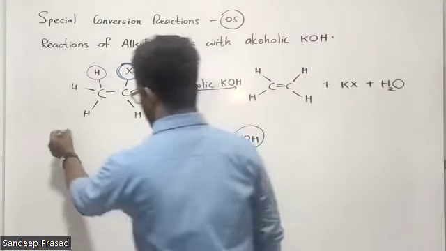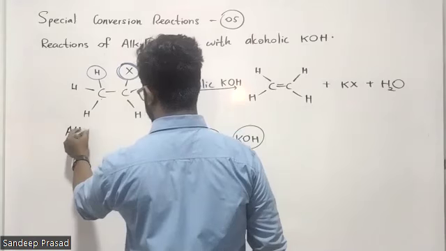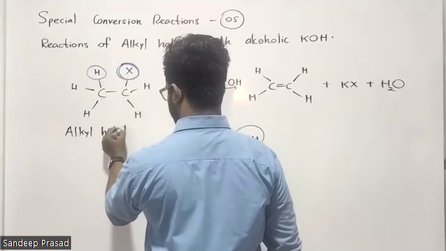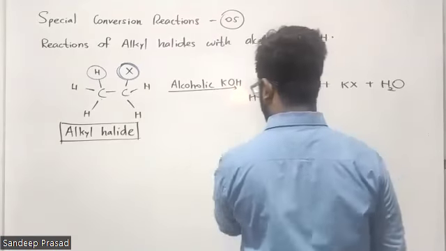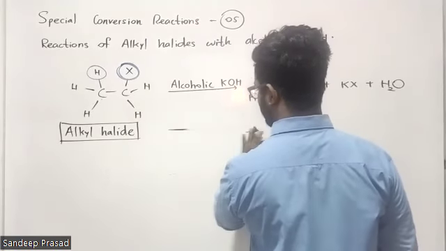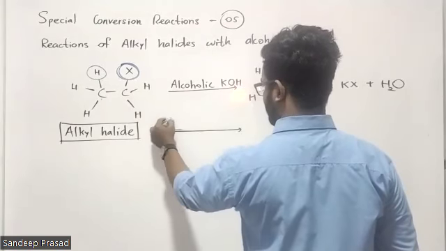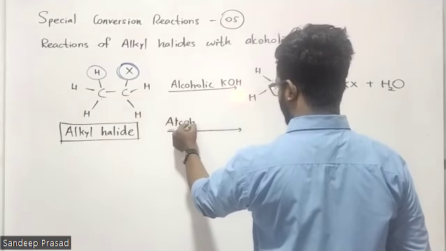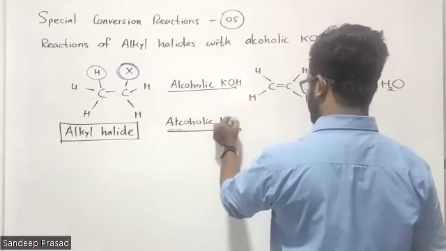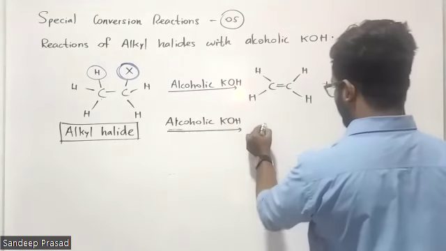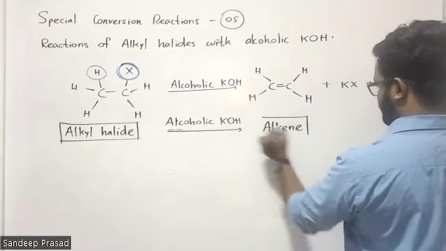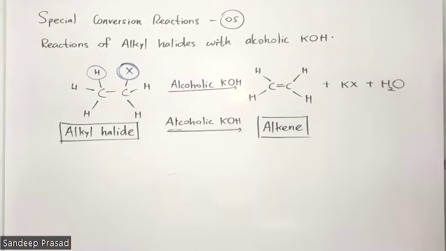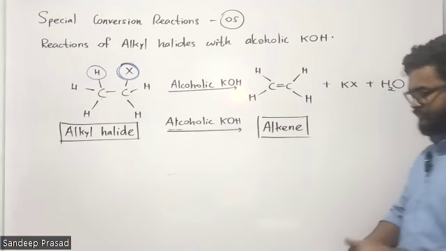So we have started from alkyl halide, we have added alcoholic or else ethanolic KOH, and we have produced alkene using that reaction. Keep that in mind. So this is the reaction.